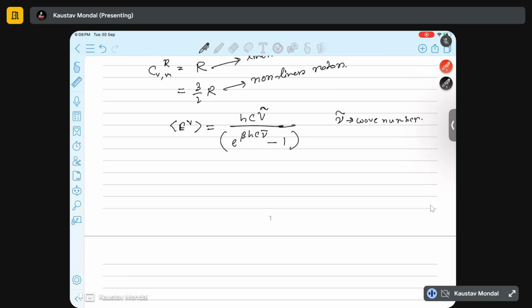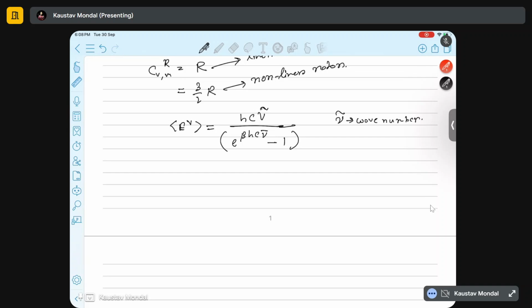So we know that there are multiple independent modes of vibration associated with the vibrational partition function, right? Each of these vibrational modes independently makes a contribution to the total vibrational partition function.